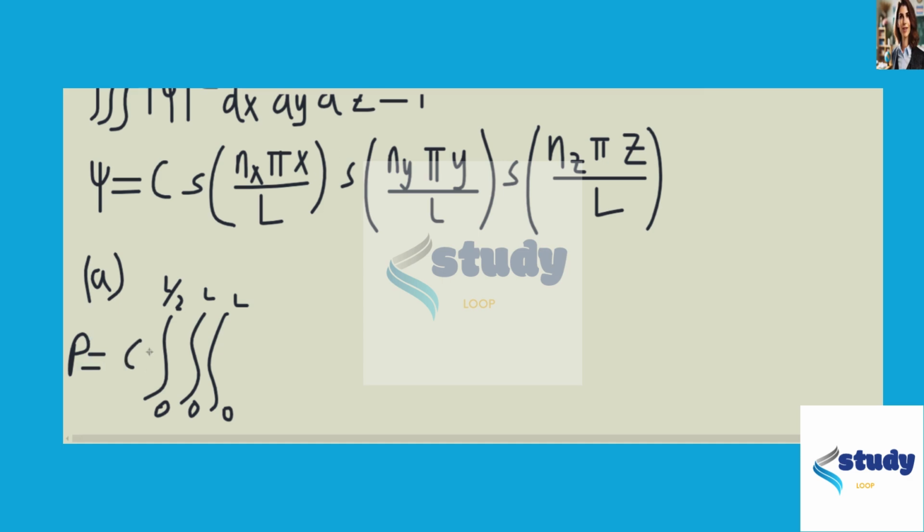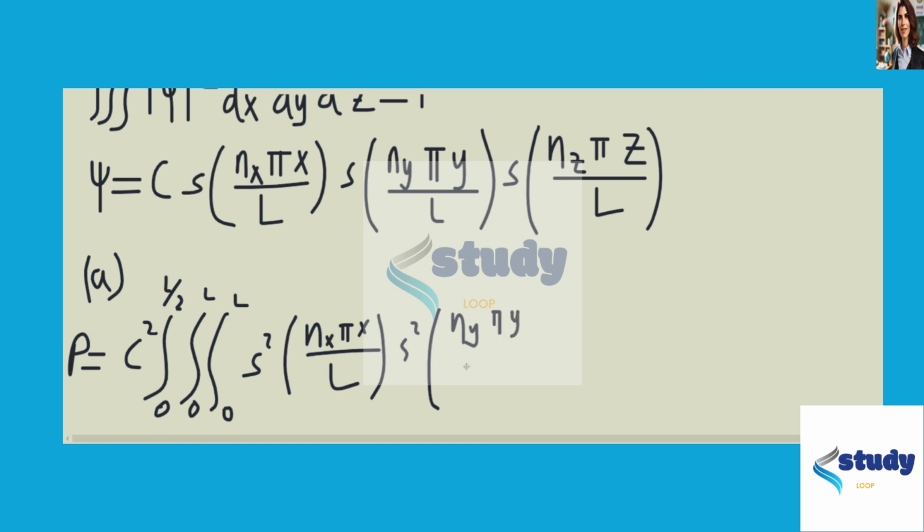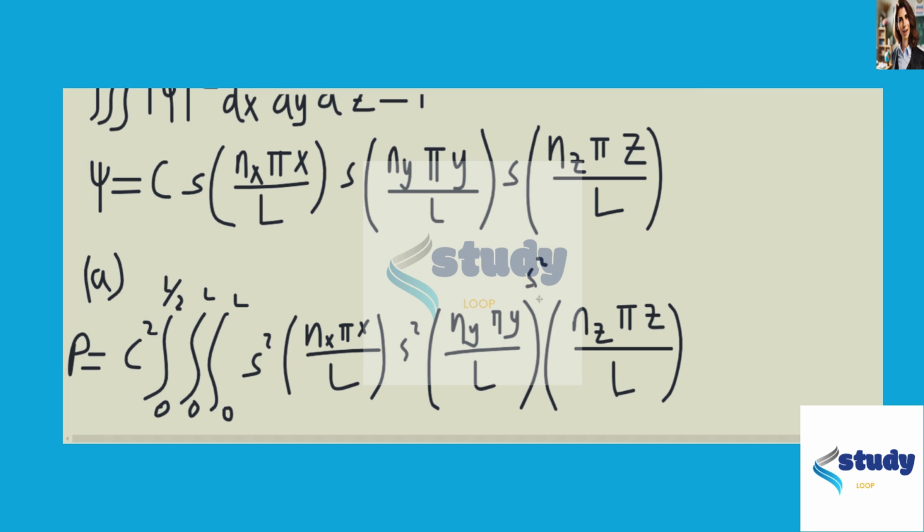So we have the constant c squared, times sine squared of nx pi x over L, times sine squared of ny pi y over L, and likewise the sine squared for the z value, just as above.